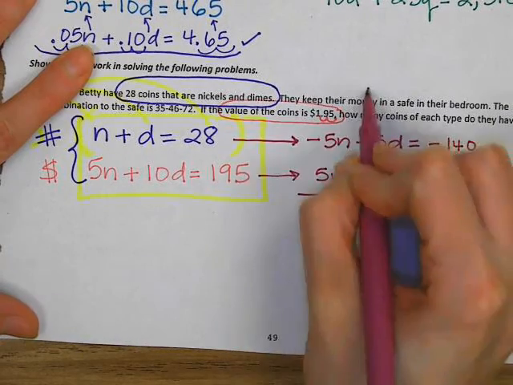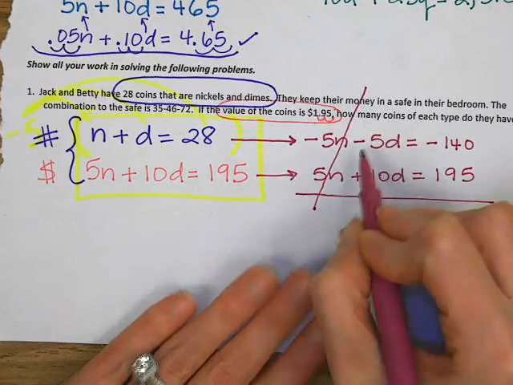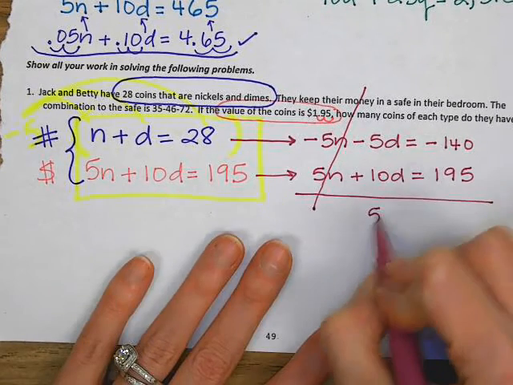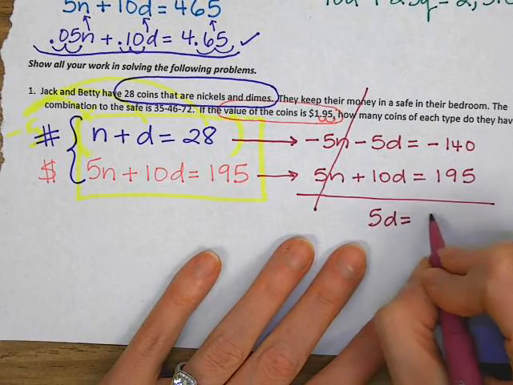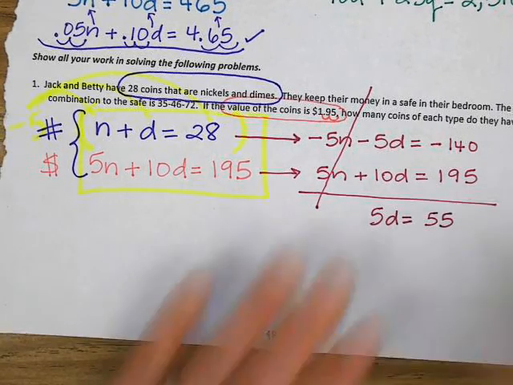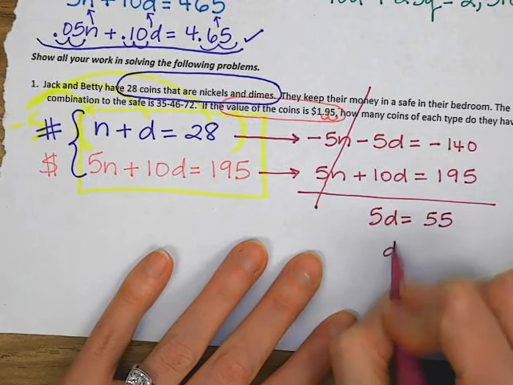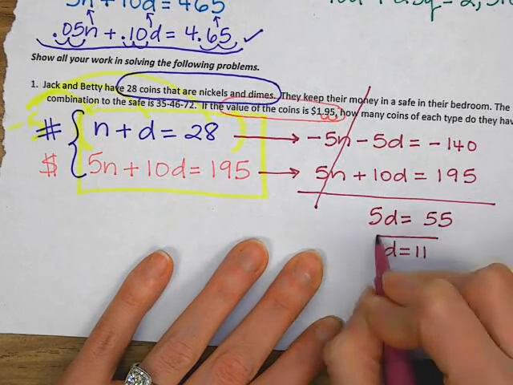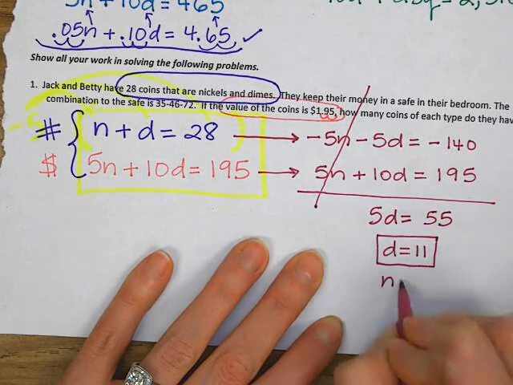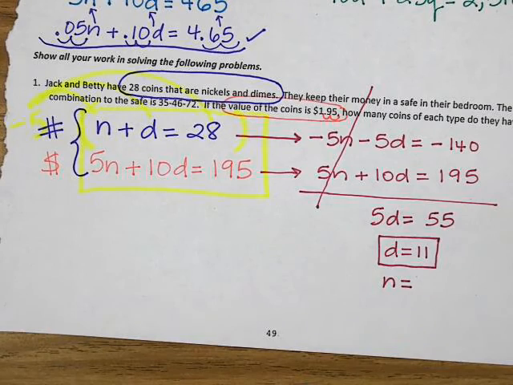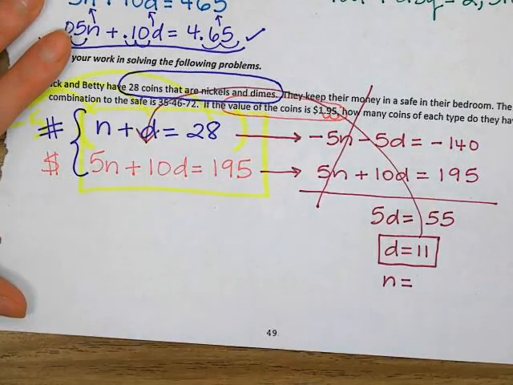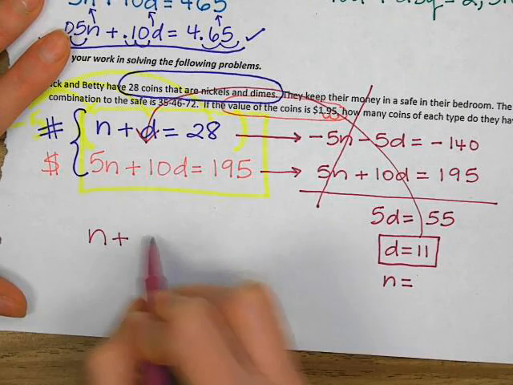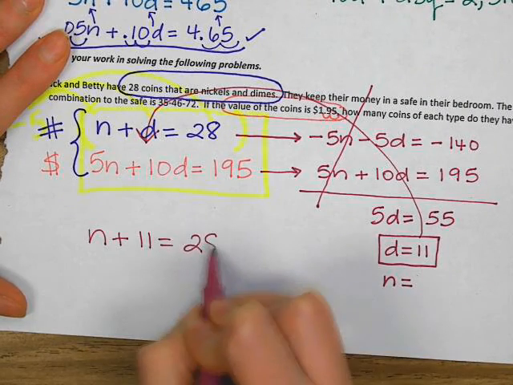5n and -5n cancel. 10d plus -5d is 5d, and -140 plus 195 is 55. So we can see that d is 11. So we have 11 dimes, and now we need to find how many nickels. So we're going to plug 11 back in. I'm going to use this top one, and it's going to be nickels plus 11 equals 28.